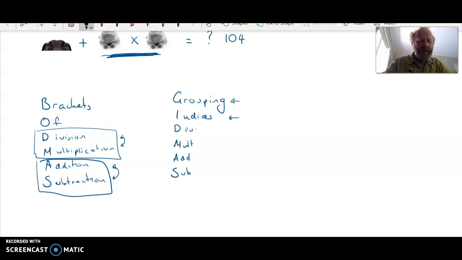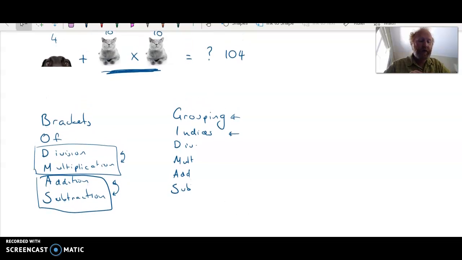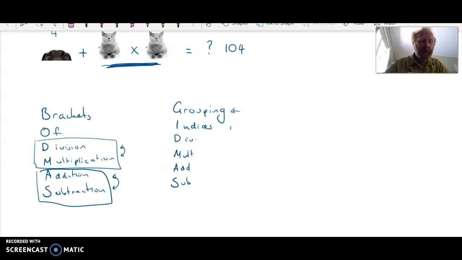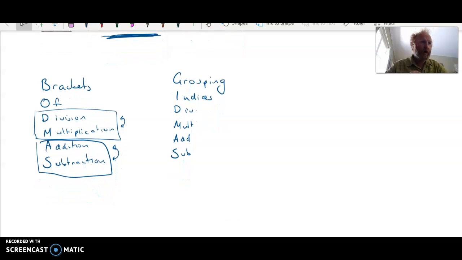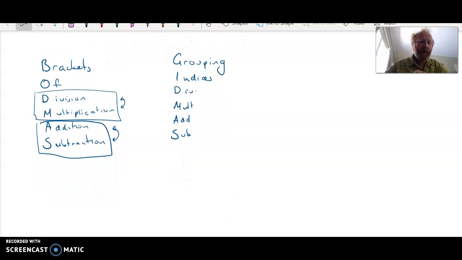But the other reason is that grouping here, well, it turns out that brackets are not the only way of grouping something together. For instance, the top of a fraction and the bottom of the fraction are groups. And so I think grouping symbols is a better way of describing it, and that covers all sorts of different things. So this is our general guideline of what we're doing when we're trying to decide what order things should happen in.